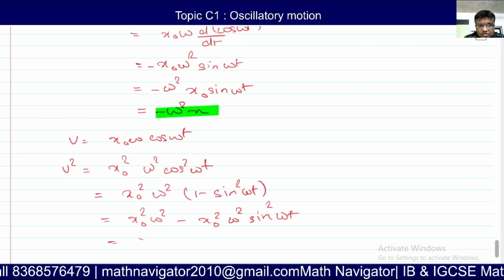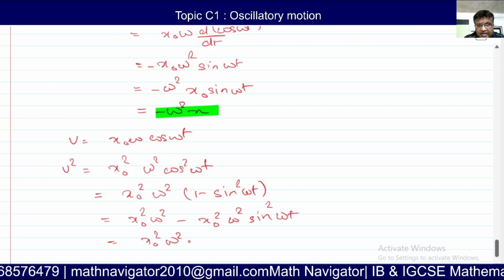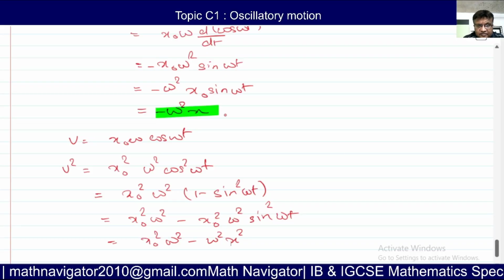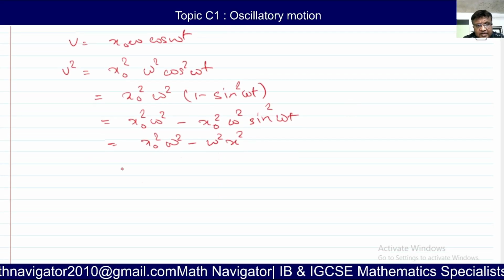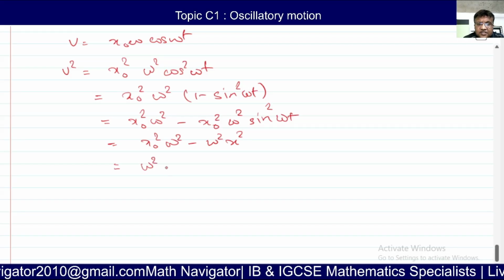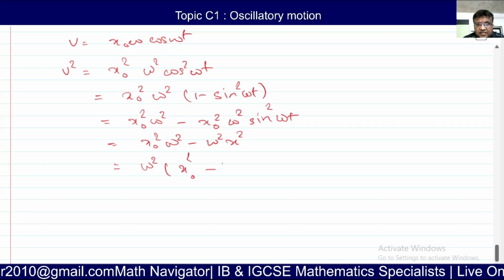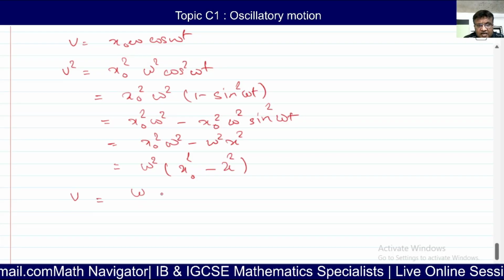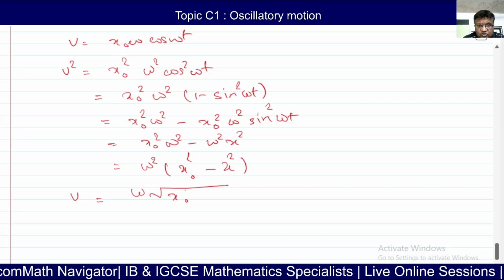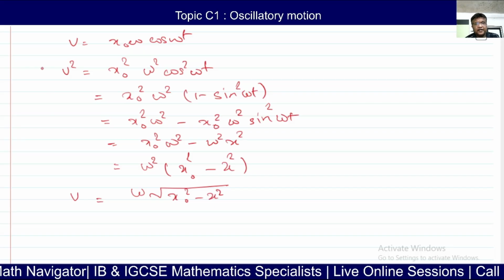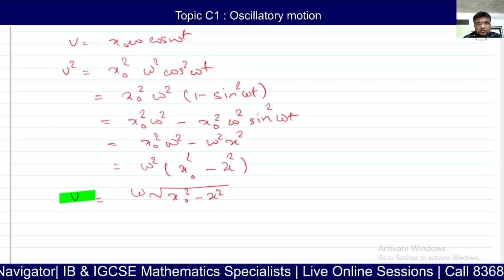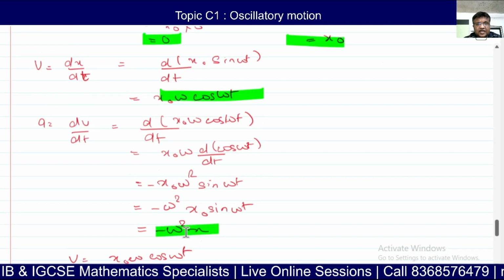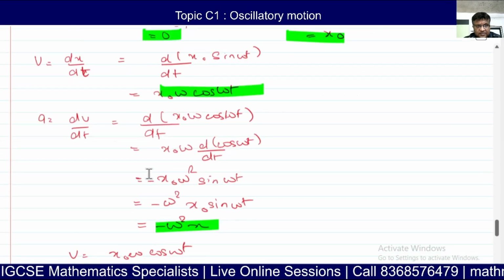So this is x naught squared omega squared minus omega squared times x squared. So this will become omega squared times (x naught squared minus x squared). Taking under root on both sides, v is omega under root of x naught squared minus x squared. So this is my velocity, this is my acceleration, and this is my displacement.